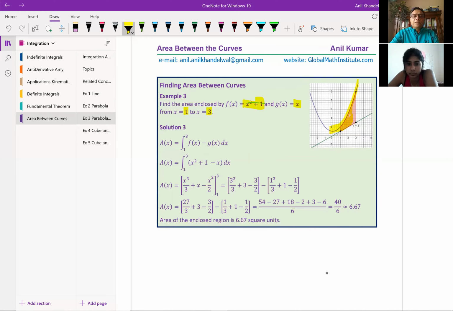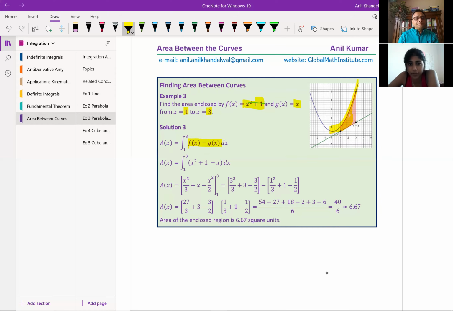So again, same process. However, this time, since the area is between two graphs, it makes sense that we find the difference between the two functions, right? The new function will be the difference of these two functions, so f of x minus g of x gives us the function which is in between these two functions.